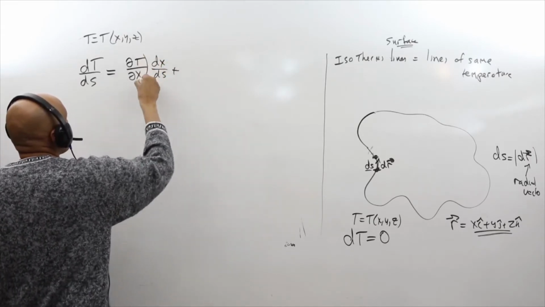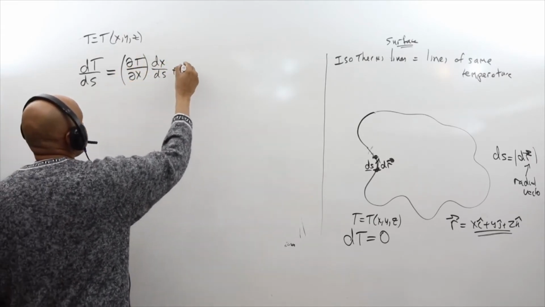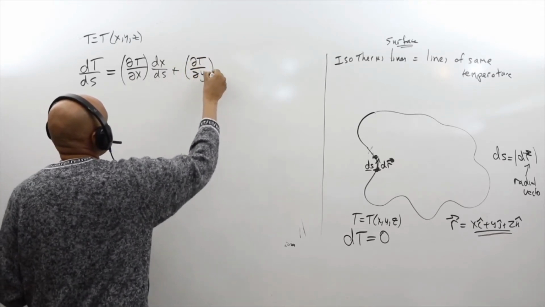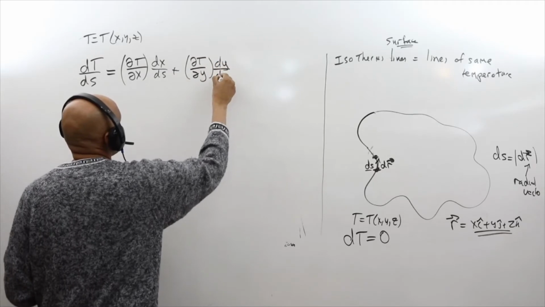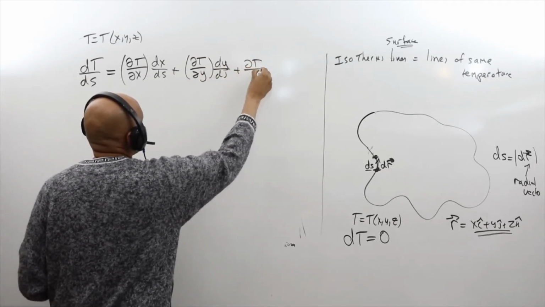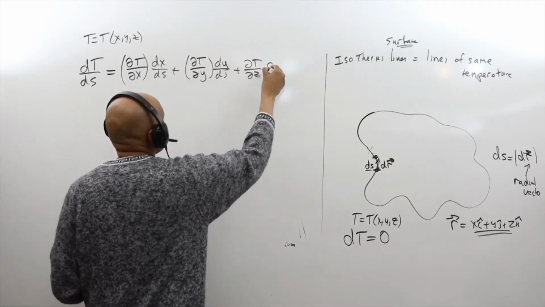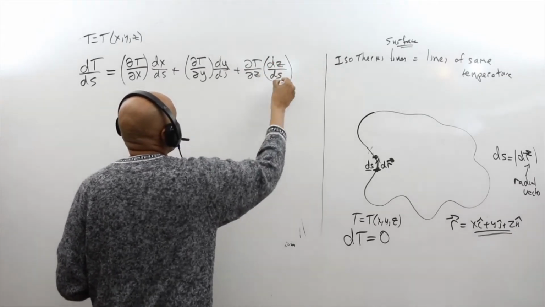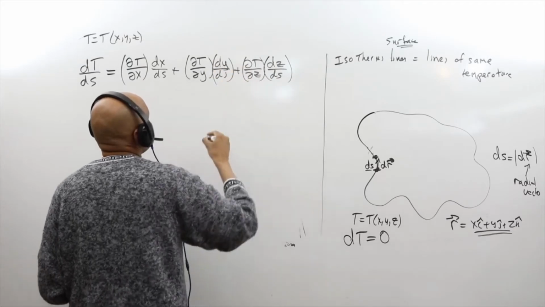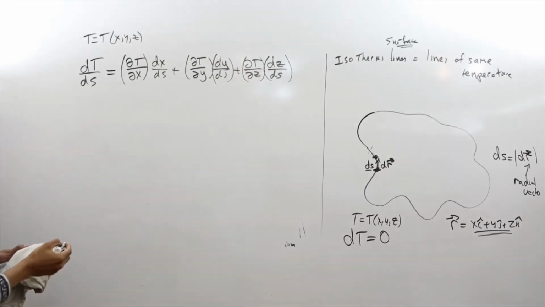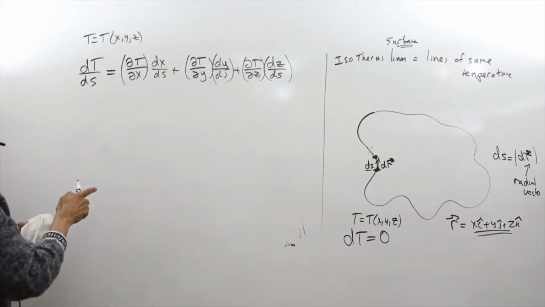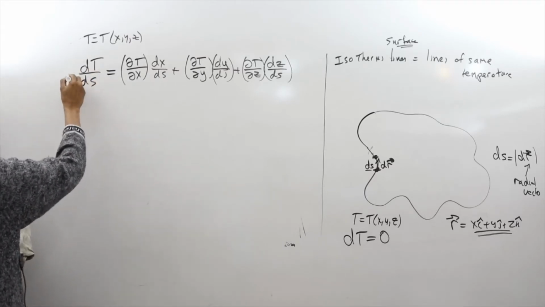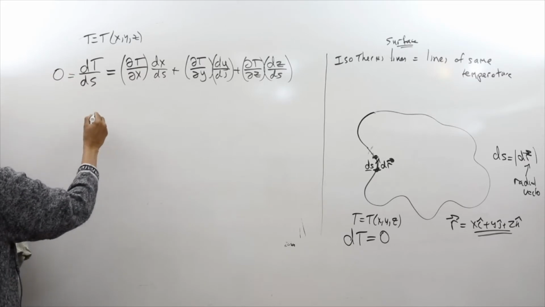If you remember, x, y, and z are independent, so this is your chain rule. So we know that if you're traveling along an isotherm, the change in the temperature with the distance traveled is 0, since there is no change in temperature.